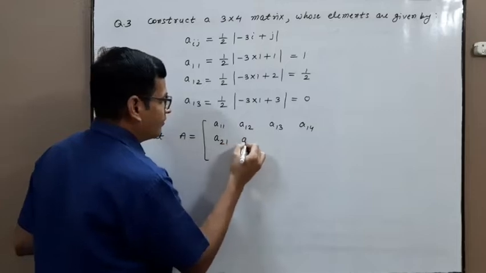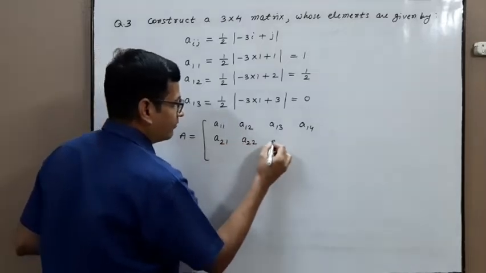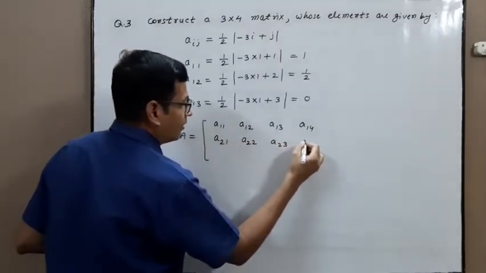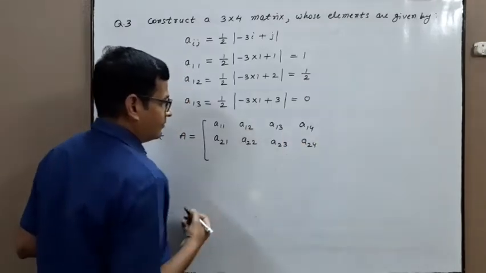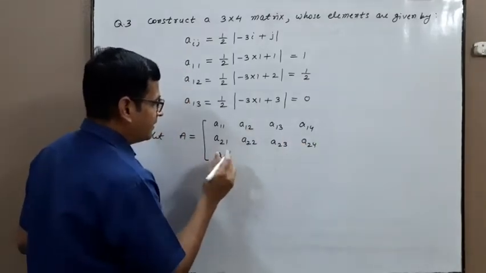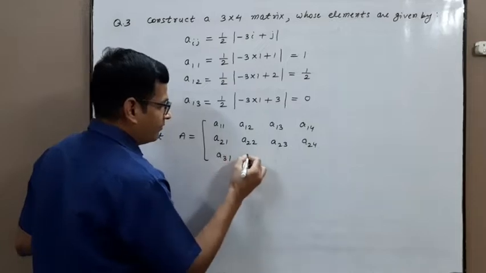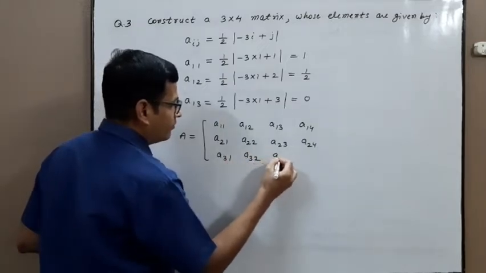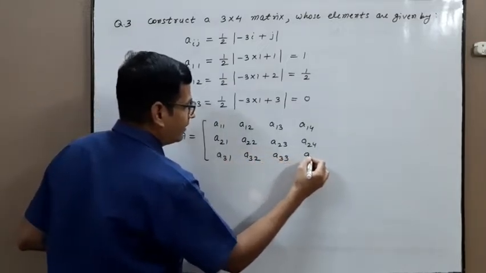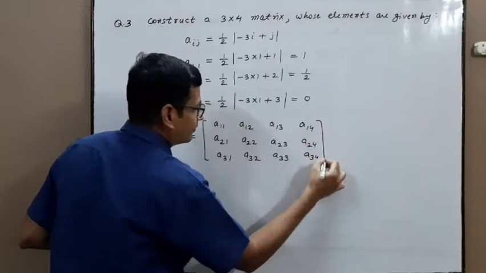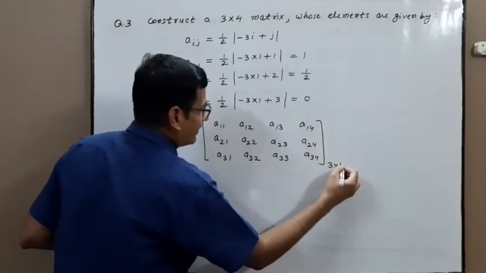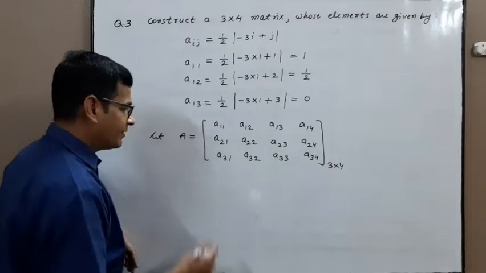Second row first column, second row second column, second row third column, and second row fourth column. A31 means element of third row and first column, then A32, A33 and A34. So this is a 3 by 4 matrix. Number of rows 3 and number of columns 4.